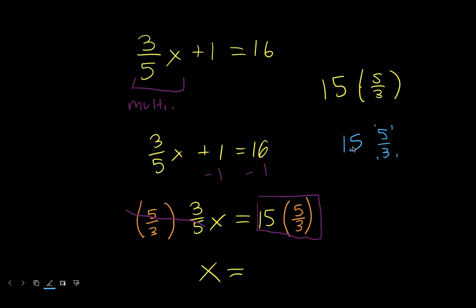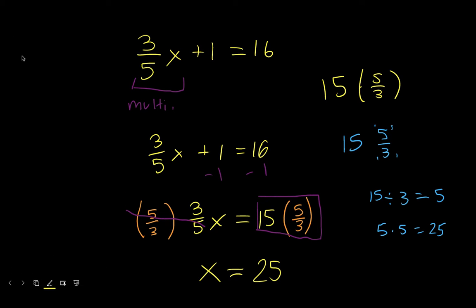So 15 divided by 3 is equal to 5. And then we're going to multiply that by the numerator, which is also 5. So we would do 5 times 5, and that's 25. X is equal to 25.